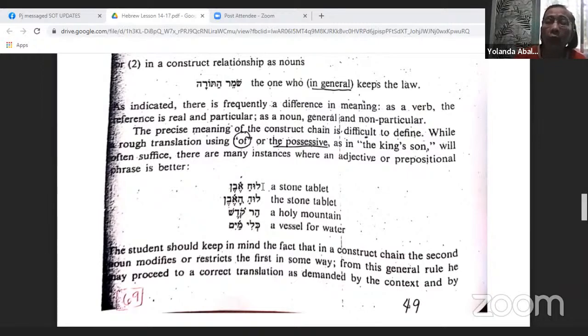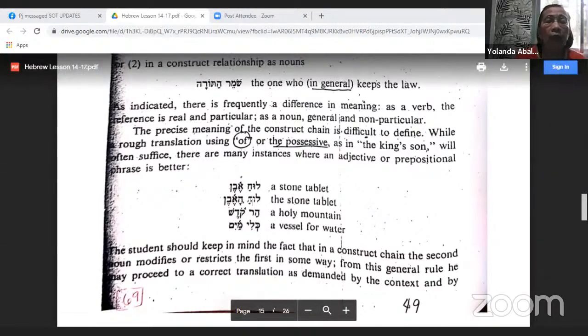Hindi ito table. Shulchan yung table. Luach, tablet, even, of stone. Ano meron tayo? The tablets, the stone made in tablet. So we have the stone tablet.